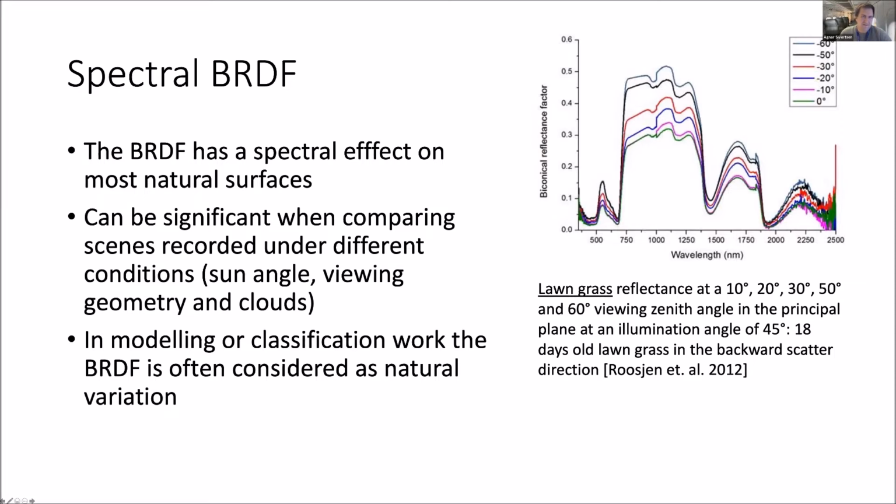I just want to show you that this effect can be significant, especially when you are comparing scenes recorded under different conditions. I mean, sun angle, viewing geometry, and whether there are clouds or not. But in modeling or classification work, this effect is usually considered natural variation.